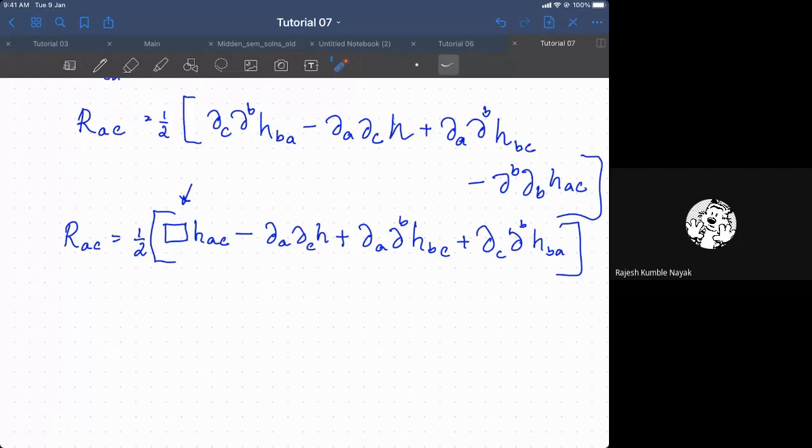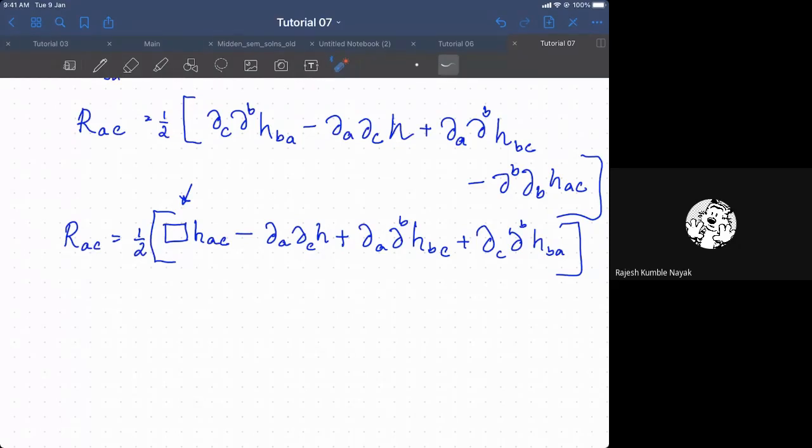So is there any question so far with this equation? Okay, Ricci tensor equal to 0 also means the vacuum field equation for gravity, that we will do in the main class, not in this one.